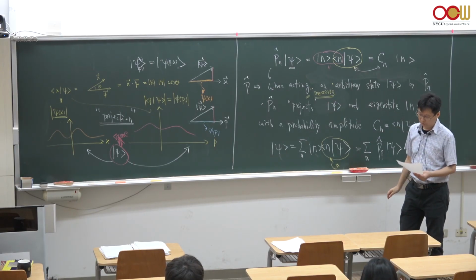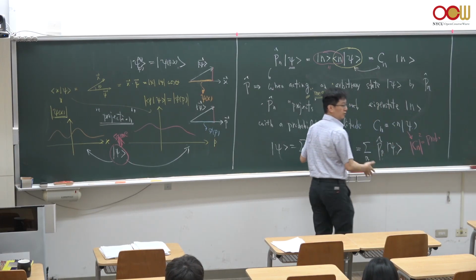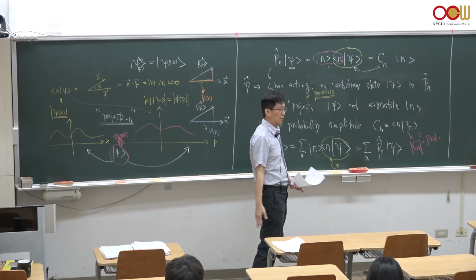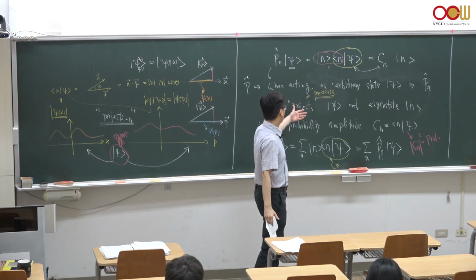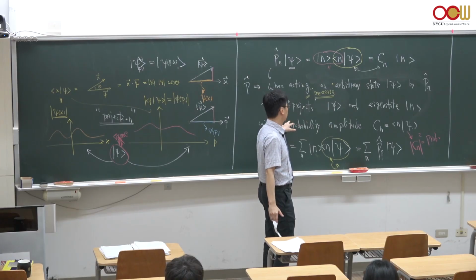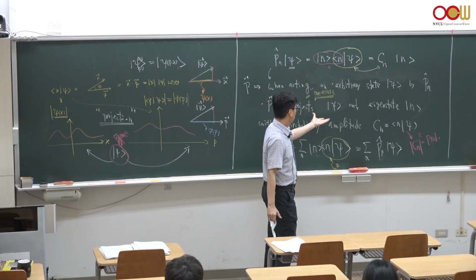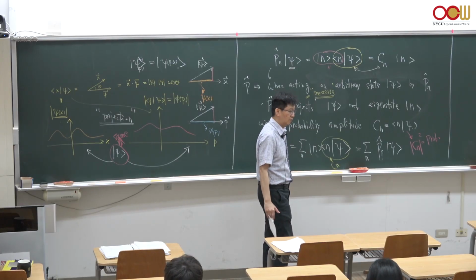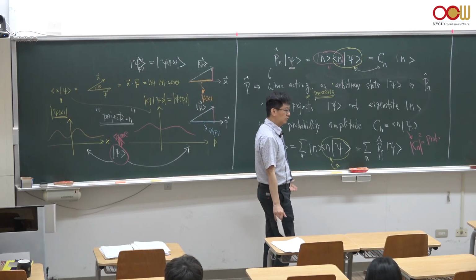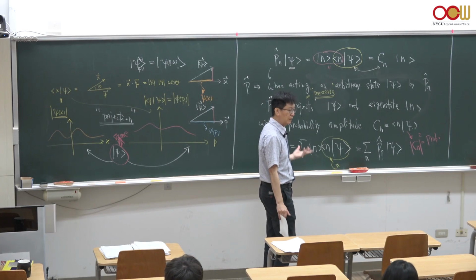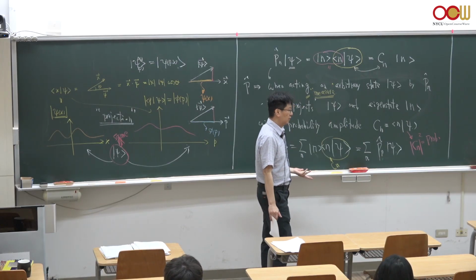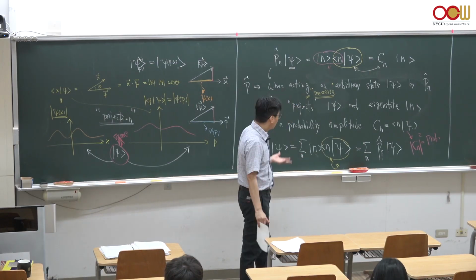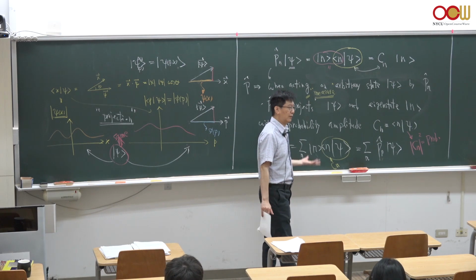Because of this probability interpretation of the coefficient, you could really interchange these two words: you project this arbitrary state means you take the measurement of that state and you see the outcome of the measurement. And the outcome could be only at any particular eigenstate.